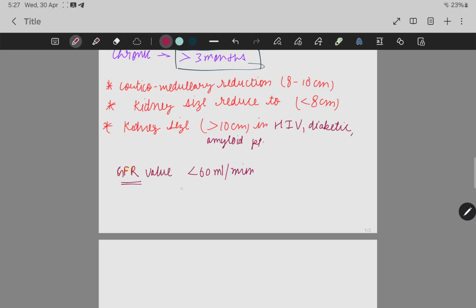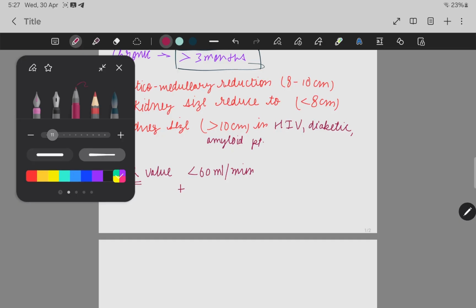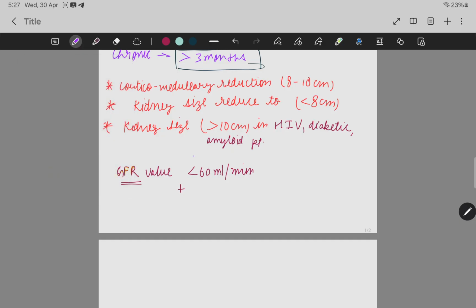Along with GFR, there is another important value, which is the albumin creatinine ratio.